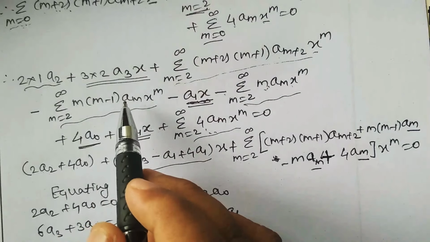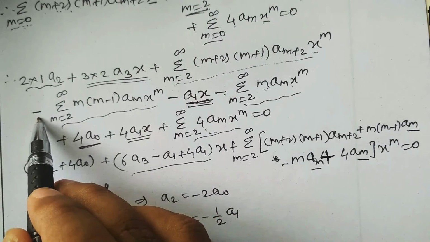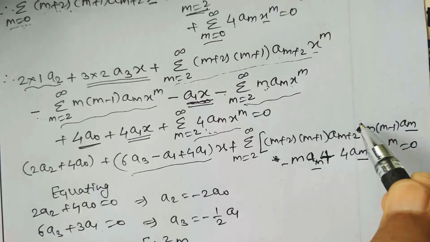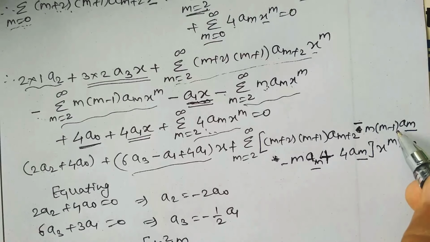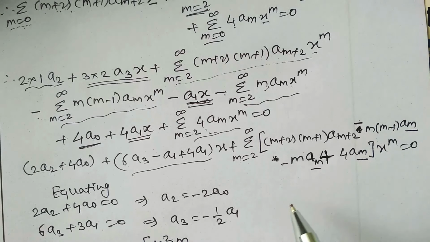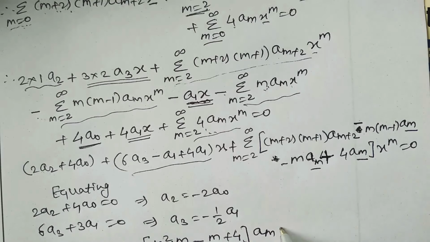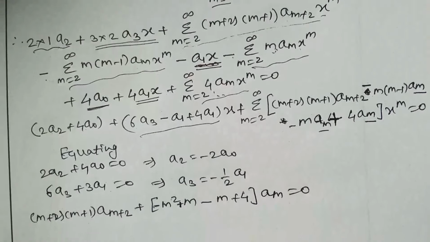See here this term is negative, second term is negative, so you have to make here a negative sign. So this is minus m square and minus m into minus 1, that is plus m. Then this is again minus m, and last one is plus 4 into am. This is the coefficient of x raised to m equal to 0.